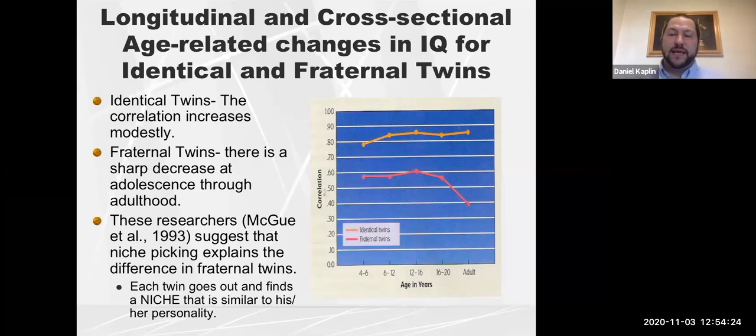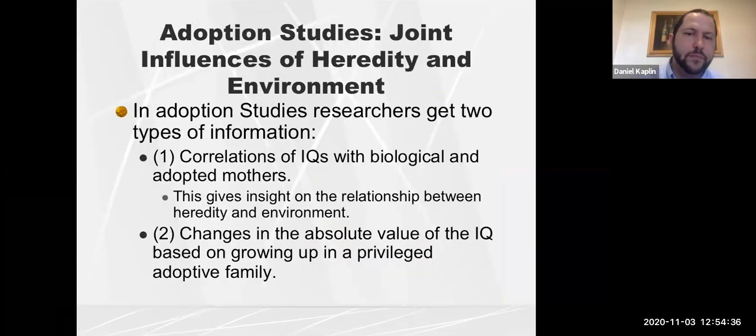So once again, identical twins represent the nature side of the argument. Fraternal twins in this case represent the nurture side of the argument. And we could also look at adoption studies. The interesting thing about studying intelligence through adoption studies is that you have two sets of parents.